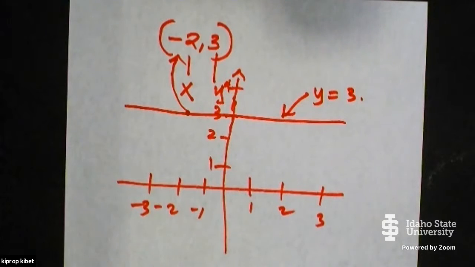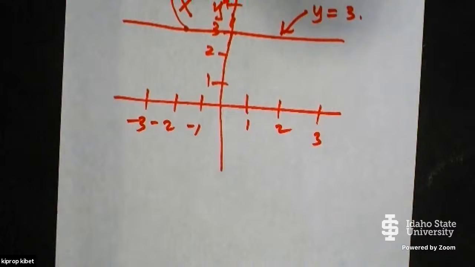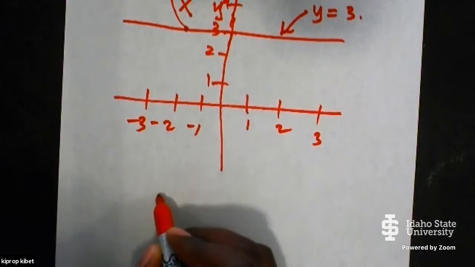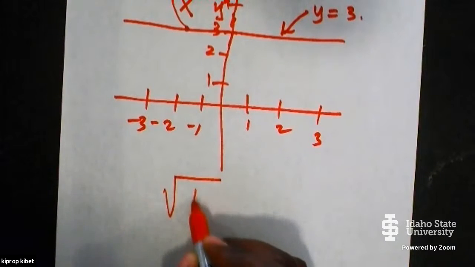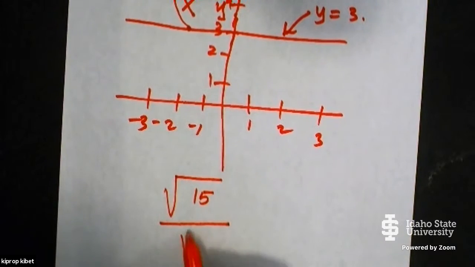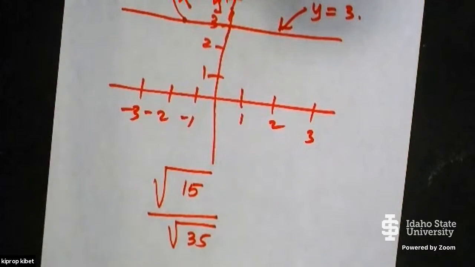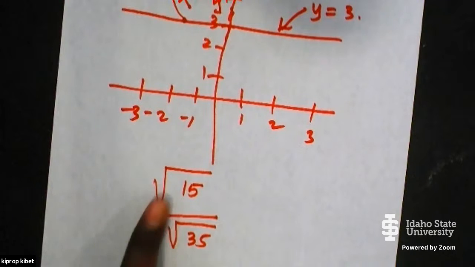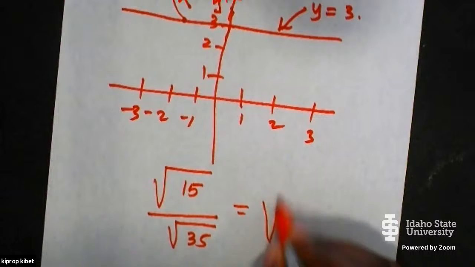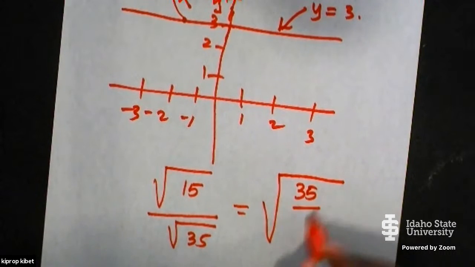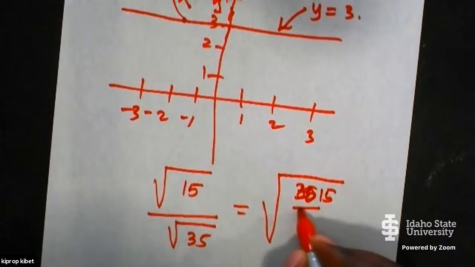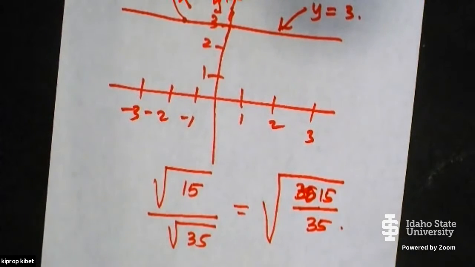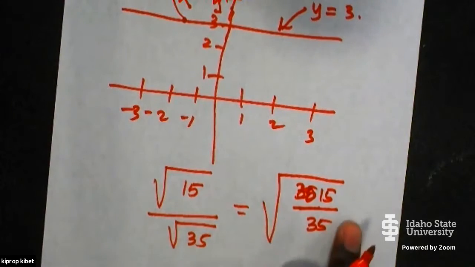Okay, so the next one is rationalize. This is similar to what I also gave you in your exam. If you're given the root of 15 all over the root of 35, these roots are the same, so you can still write this as the root of 15 all over 35.